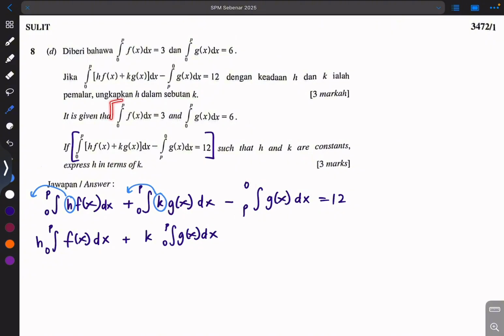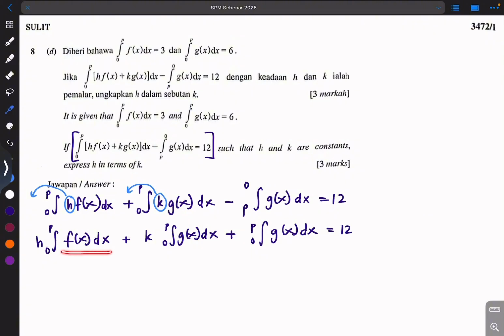But the values they gave us are from 0 to p. So what we can do is swap this by changing the sign. If it's negative, this one will become positive. So plus the integral from 0 to p of g(x) dx equals 12.